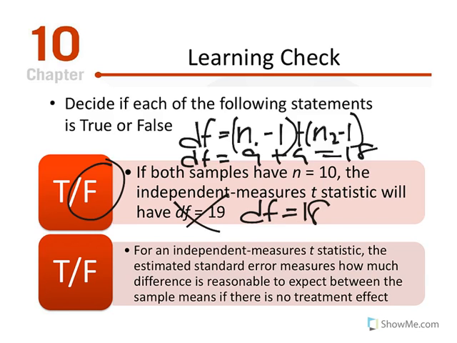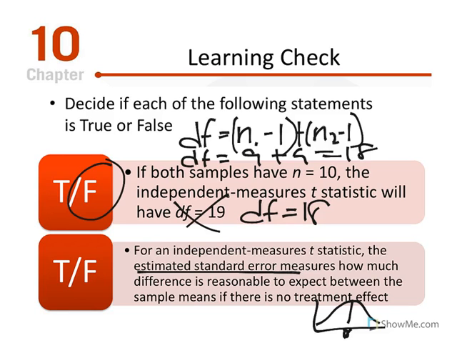Next, true or false: for an independent measures t statistic, the estimated standard error measures how much difference is reasonable to expect between the sample means if there is no treatment effect. This is a true interpretation of what the estimated standard error of the mean represents. When we're looking at the distribution, the null would be centered in the middle where it says no mean difference.